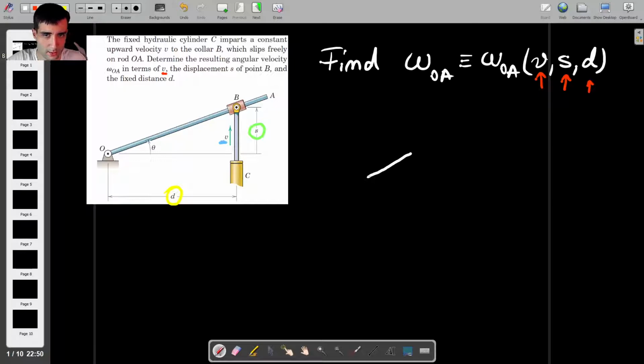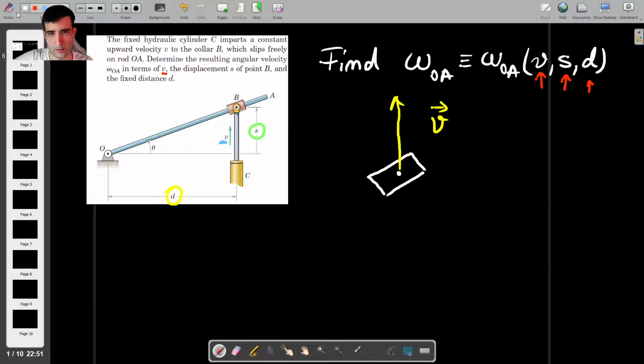We have collar B, which is inclined at an angle of theta, and it's moving upwards with a velocity V, like this. Let's make it into a vector as well. Then, based on that, how can we actually find anything useful? Well, if you think about it, that rod OA actually goes through the collar.